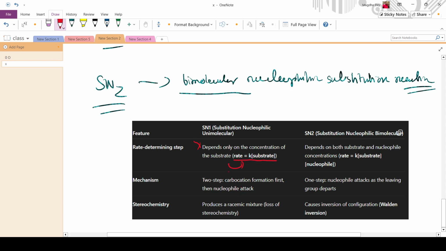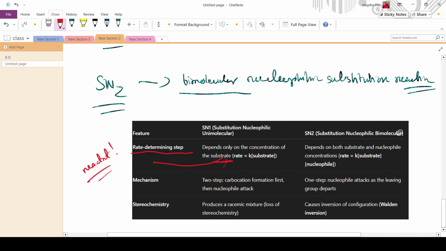Maybe not. In the rate chapter we will learn what the rate equation is, and there is a thing called the rate determining step. Substrate is basically the reactant which is undergoing the mechanism.